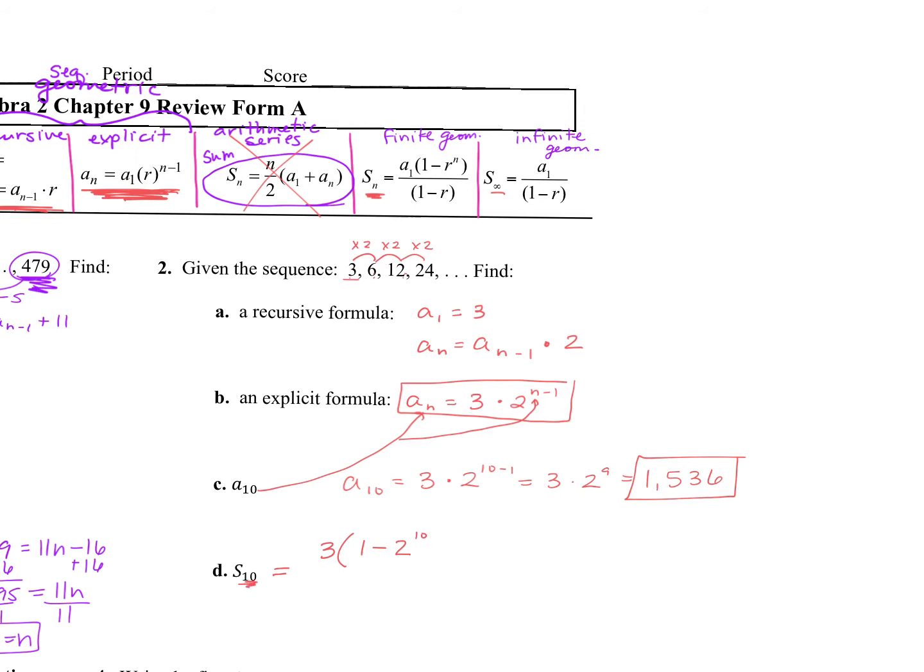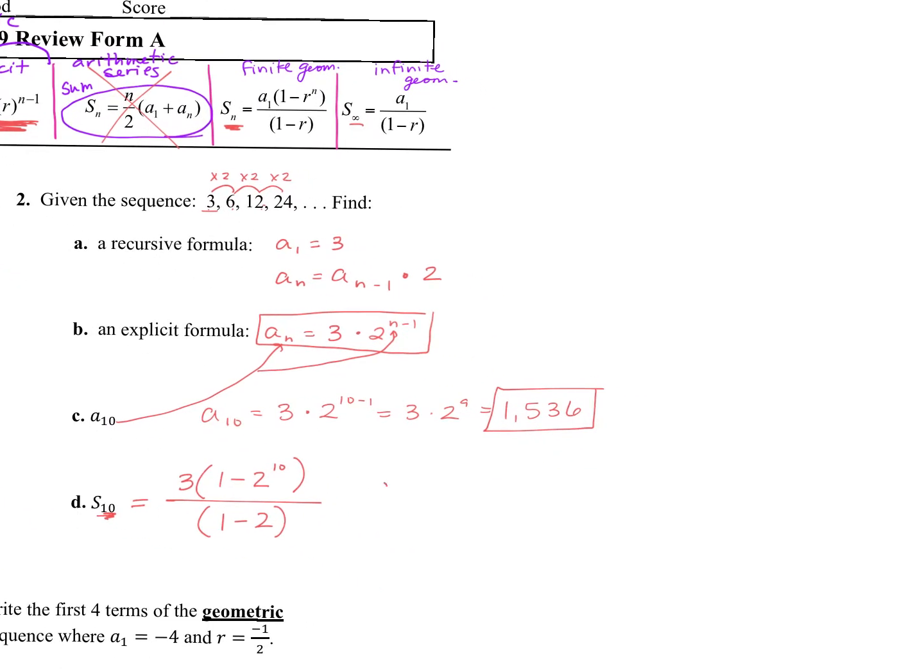Our n is 10, so that's going to be 2 to the 10th power. Don't forget your parentheses here. Divided by 1 minus our rate again. Make sure you put those parentheses in. So this is going to be the sum of those 10 terms. Plug this into your calculator, and you get 3,069.